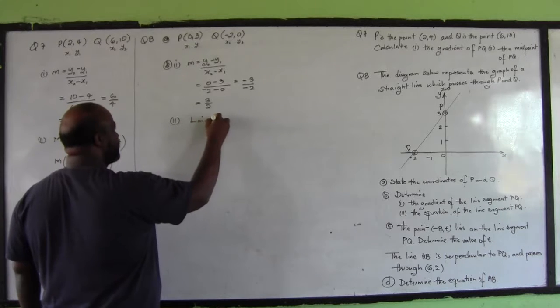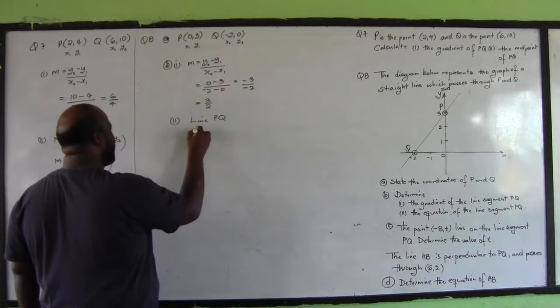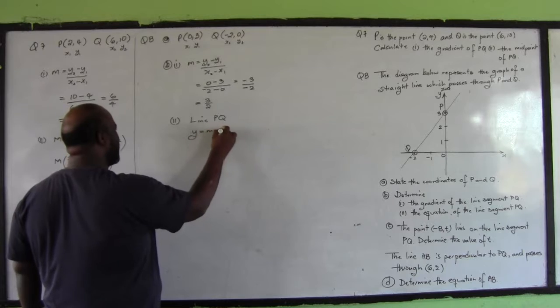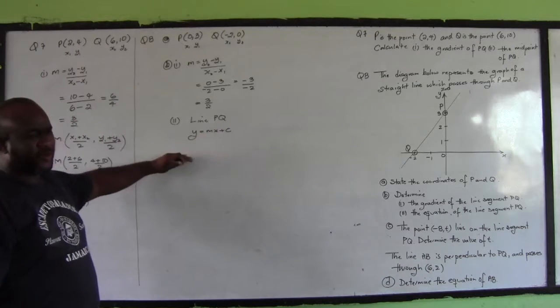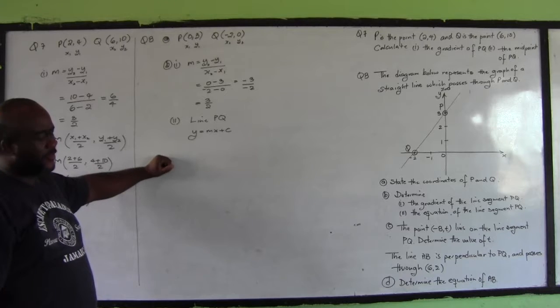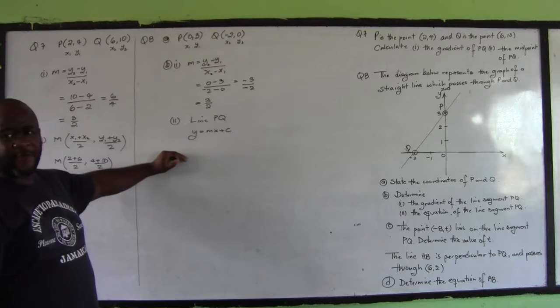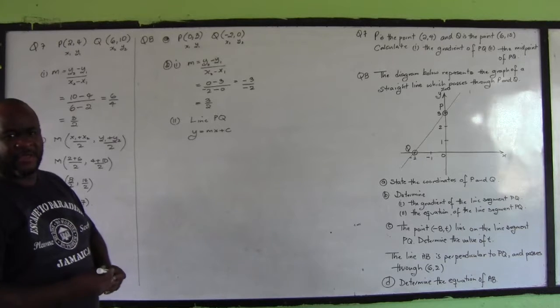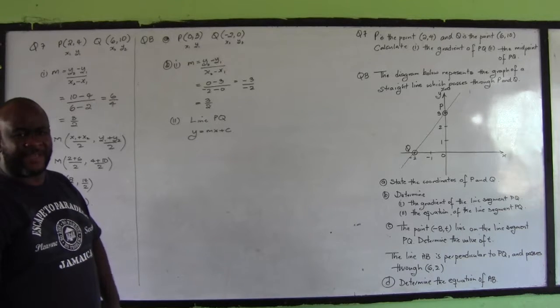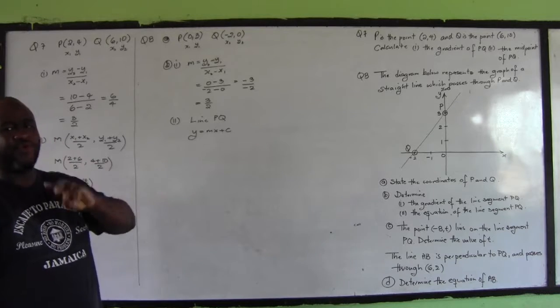For line PQ, the equation is y is equal to mx plus c. Please note, this is the general form of a straight line. To know definitively what a straight line is, you need two things.